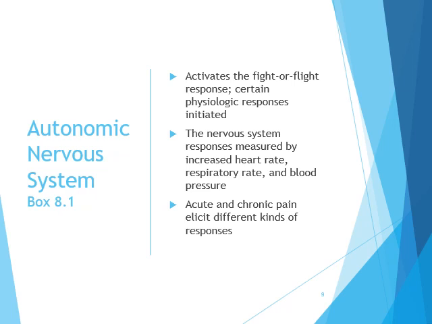So this can relate to pain because if this autonomic nervous system is stimulated during pain, you're going to have an increased heart rate, an increased respiratory rate, an increased blood pressure. Have you ever heard of the white coat syndrome? Well, some people, when they see a white coat, like a doctor's white coat or a nurse's white coat, they automatically get this autonomic nervous system intervention.